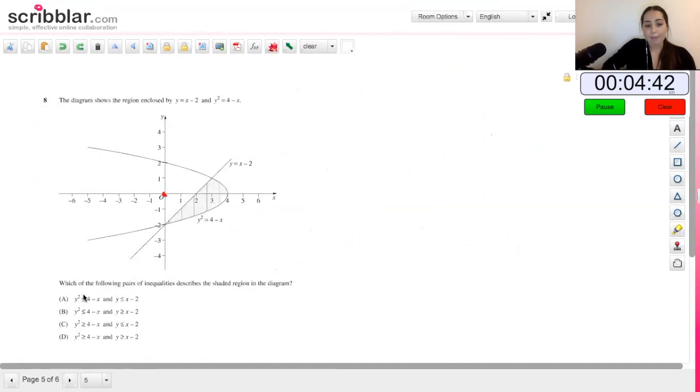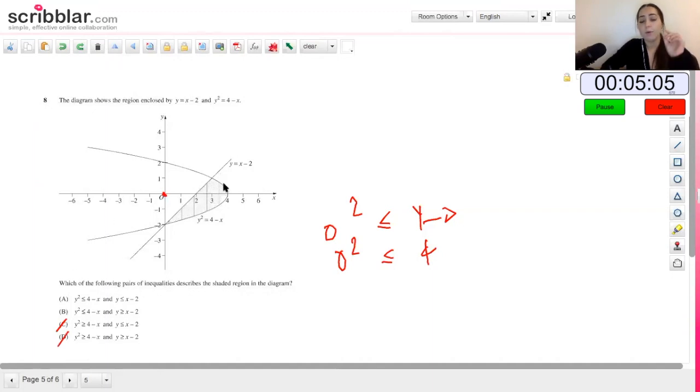So A is 0 squared is less than or equal to 4 minus 0. So 0 squared is less than or equal to 4. That is in fact true. We want it to be true because the shaded region involves the point 0, 0, ruling out options C and D. Now for the straight line, we're going to test for the point 0, 0, but we want it to be false.